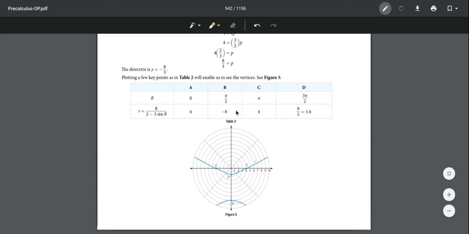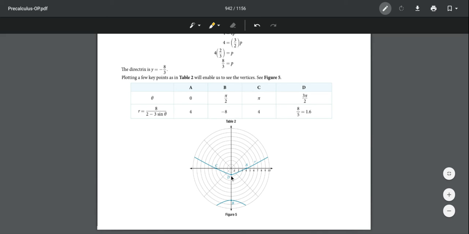If we plug in those same 4 points, at pi over 2 we're getting negative 8. So at pi over 2, we're going all the way down here to negative 8. So that's one of our vertices. And at 3 pi over 2, we're getting 1.6. So these are our two vertices.